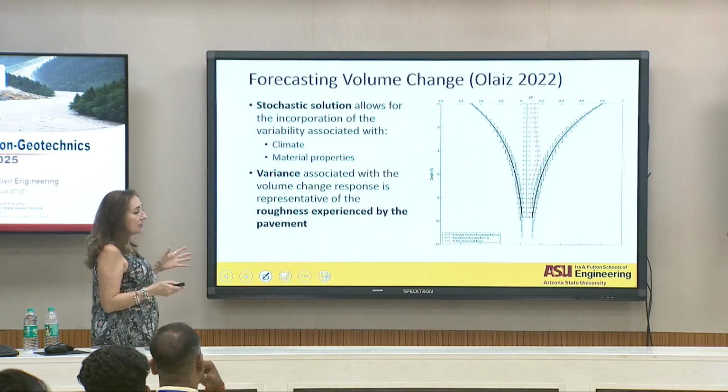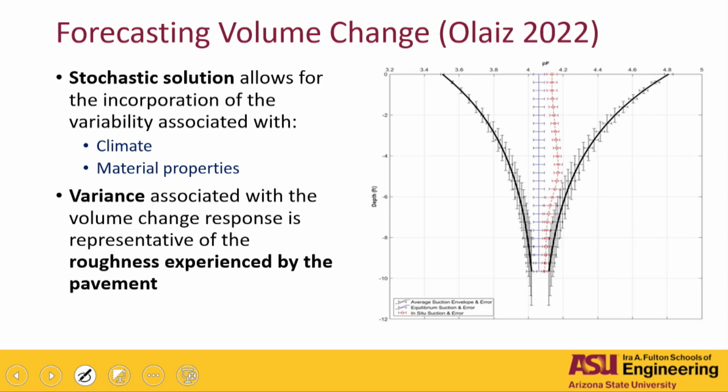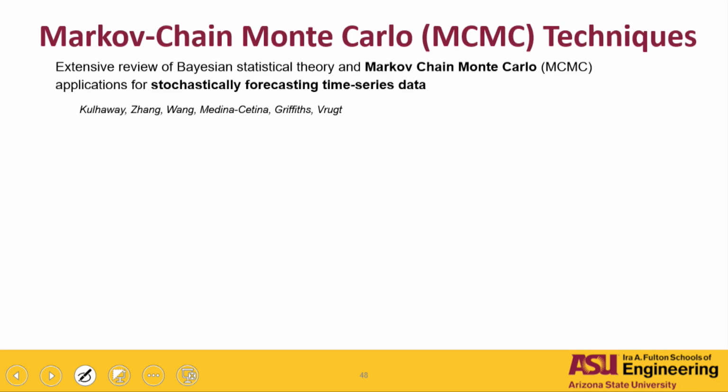So the variance associated with the volume change response is what we consider to be representative of the roughness experienced by the pavement at that particular point, okay? Because it's the change, right, that creates that variability.